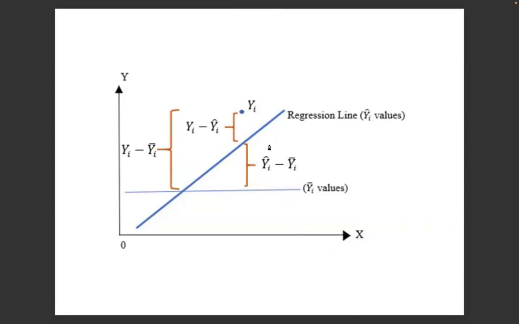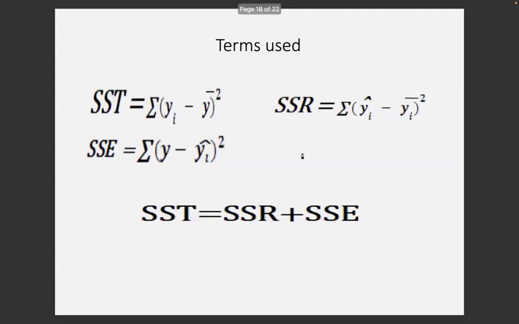Total variation is equal to explained regression plus unexplained regression. Then for these we calculate SST, SSE, SSR. E is error, R is regression, T is total.